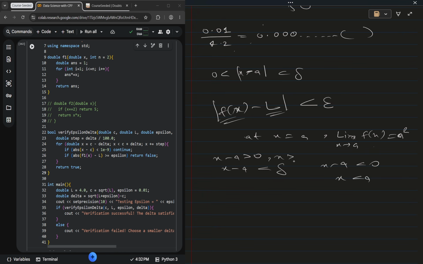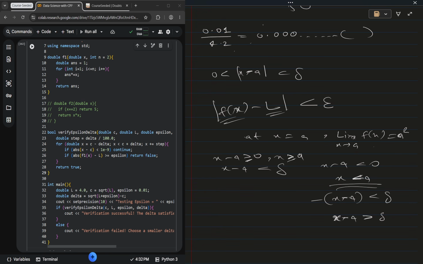For x less than a, the negative of x minus a is less than delta, and that means x minus a greater than minus delta, which is only possible if x is greater than a.